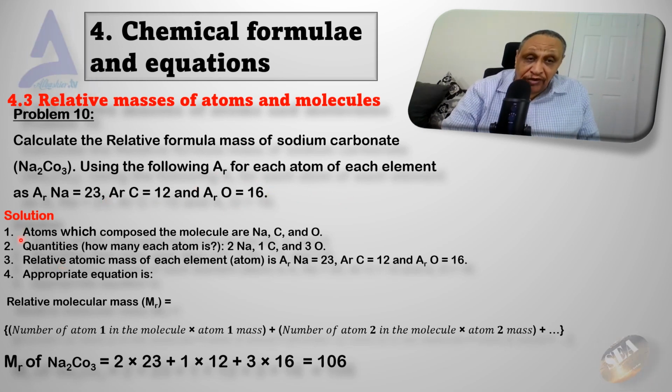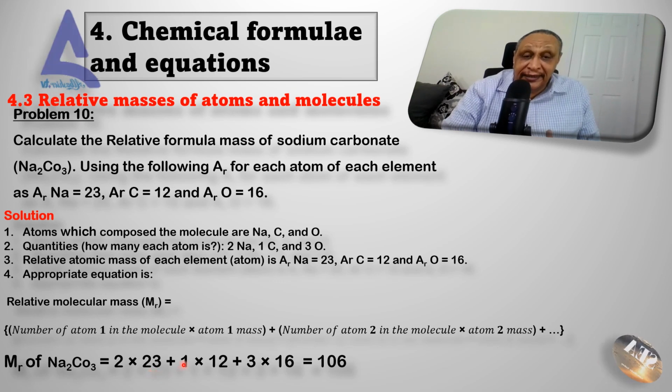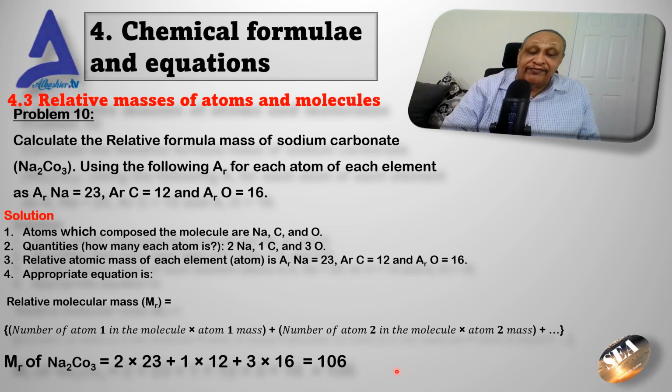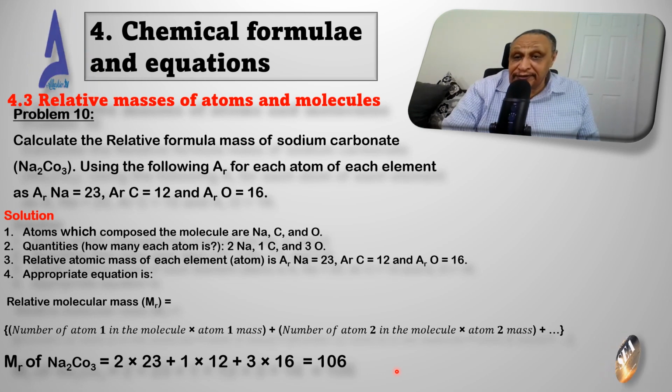You just follow the 5-step protocol, and then you compensate each one by the number and the mass, and then the number and the mass, and then the number and the mass. You do the multiplication of mass first, and then you add them together, and you come up with 106 as the relative formula mass of sodium carbonate.